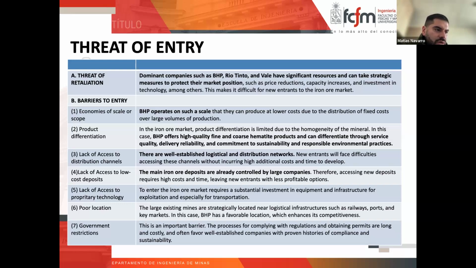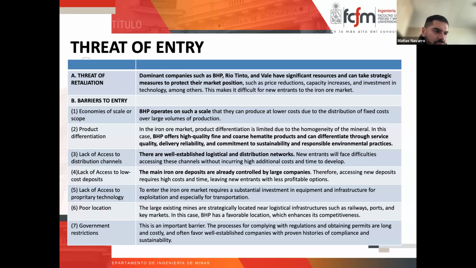Also, BHP offers high quality fine and coarse hematite products and can differentiate through service quality, delivery reliability, and commitment to sustainability and responsible environmental practice.